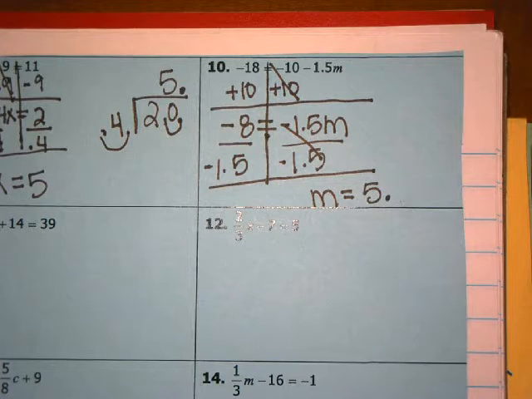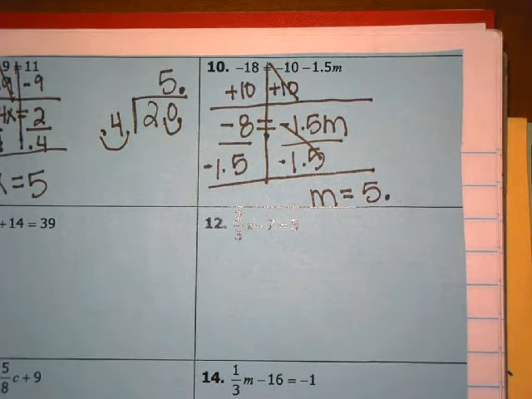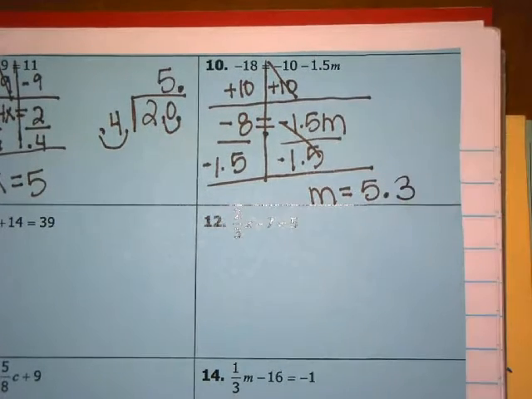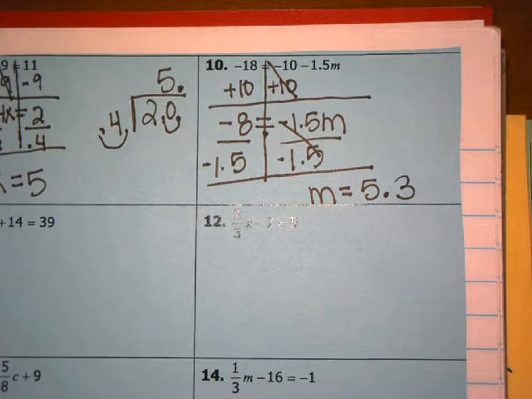What'd you get for the answer? What'd you get for the answer for number 10? And what ended up happening with that 3, Josie? What happens with that 3 in that problem, guys?